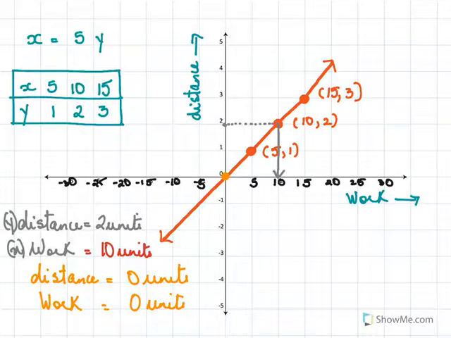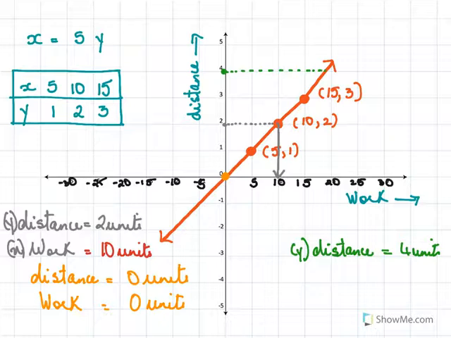Just to explain some more, suppose they asked you for distance equal to 4 units, what would be the work? So how would you go? Now you know distance is on the y-axis, so look out for 4 units in the y-axis. 4 units is here on the y-axis. Now go straight up to the graph.